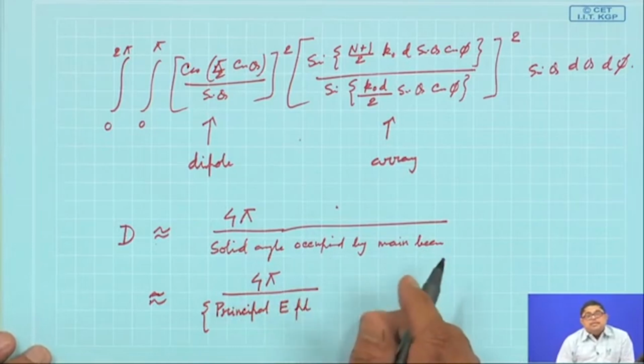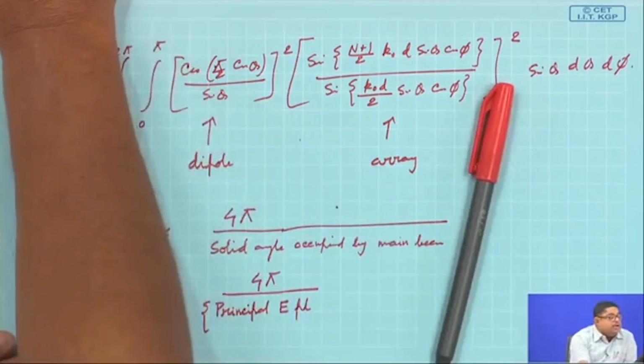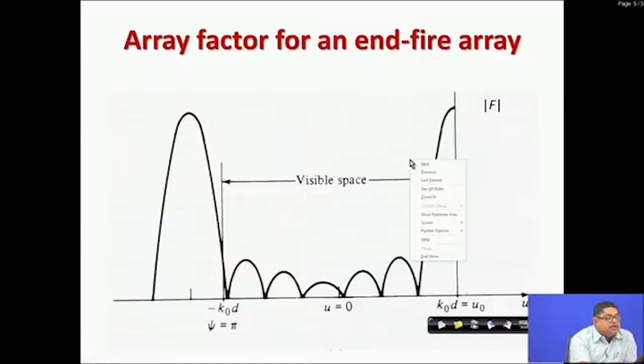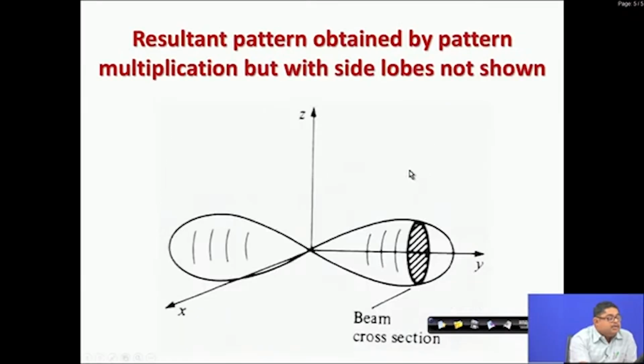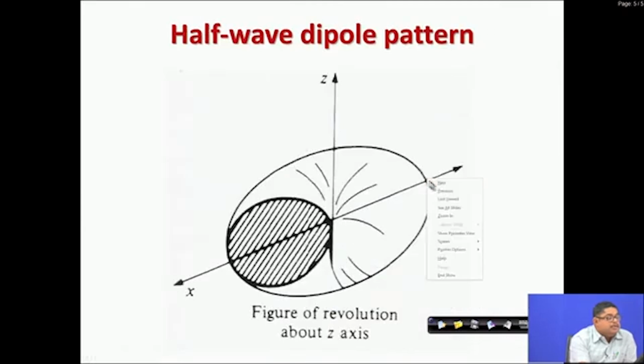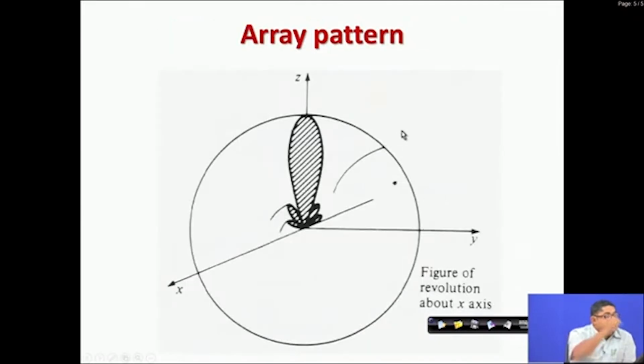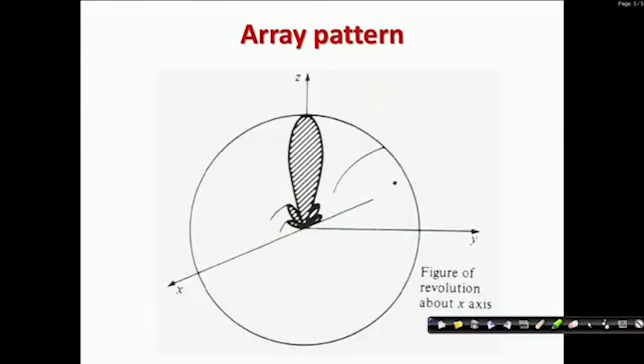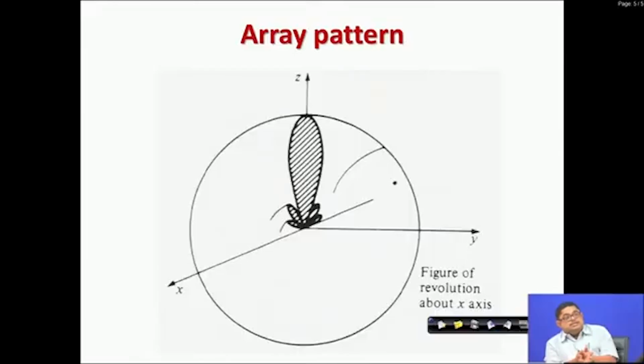Now, this is the array pattern. This is a figure of revolution about the x axis, which means it has improved our azimuthal pattern. Now, what we said is that generally the job of the array is to change the azimuthal pattern, and we are using dipoles.